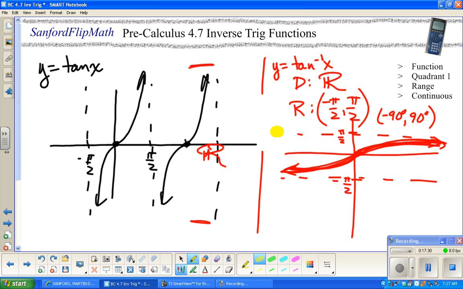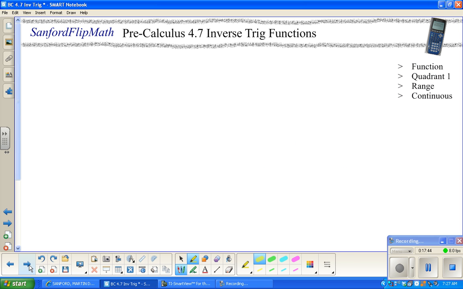The question is, so what? What do we do with this? We'll do just a couple quick examples, and the rest we'll deal with in class. So, speedy examples. What if we were doing the sine of pi over 4, and now I want to do the inverse sine of that?